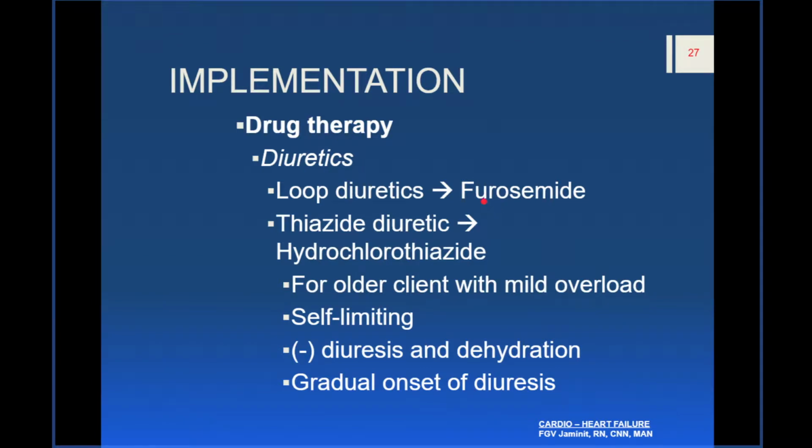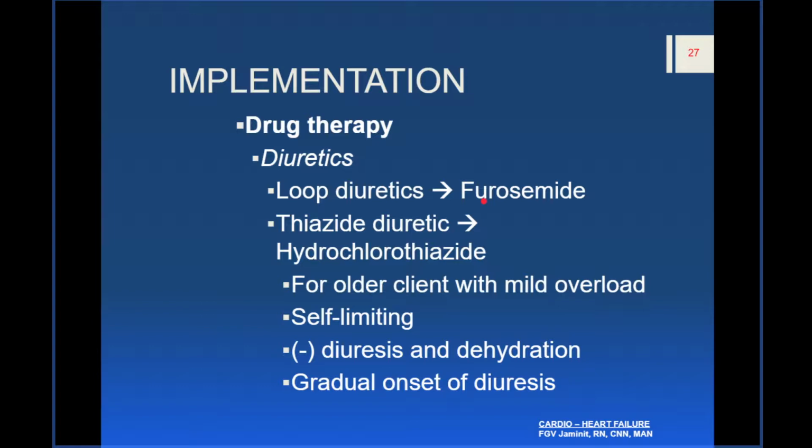The downside with the loop diuretic is that it does not control what it eliminates, because when we urinate, we eliminate fluid, excess fluid, and electrolytes. So it will include all the excess fluid and all the electrolytes. The downside is that we may be losing some of the electrolytes that we may actually need.